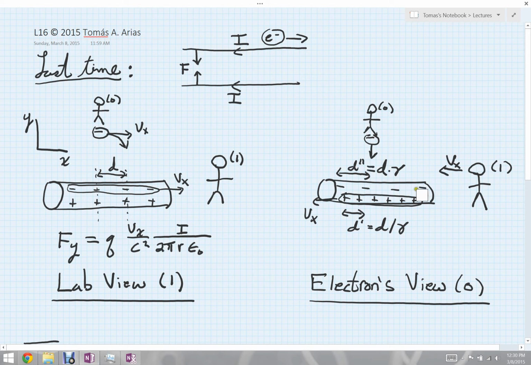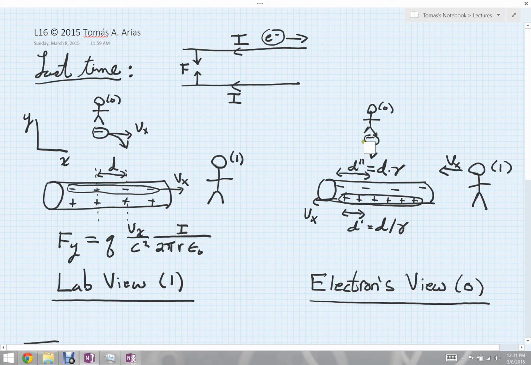And from this perspective, it is the laboratory observer who is moving past a series of mile markers, so that when that laboratory person observes them in his own frame, he's going to see their lengths contracted, which means that their home length in the frame where they are stationary actually is larger by a factor of gamma. Either way you look at it, the clear thing is that the positive charges are now more concentrated on this wire than the negative charges in this reference frame.